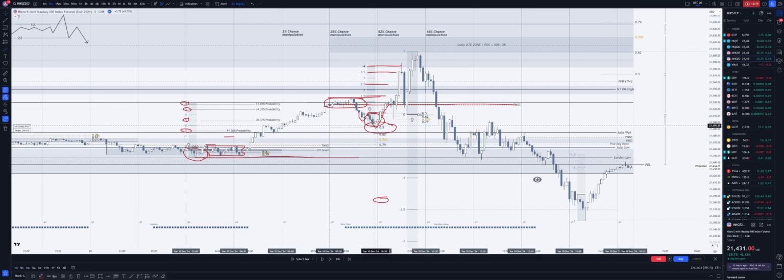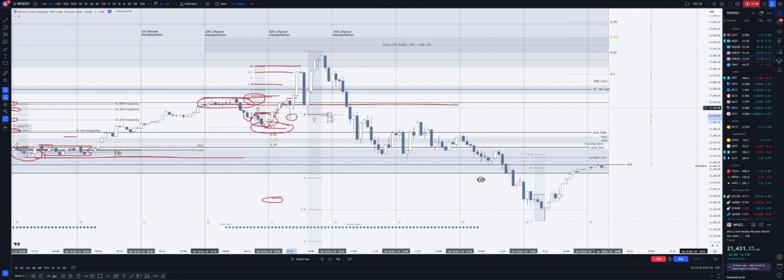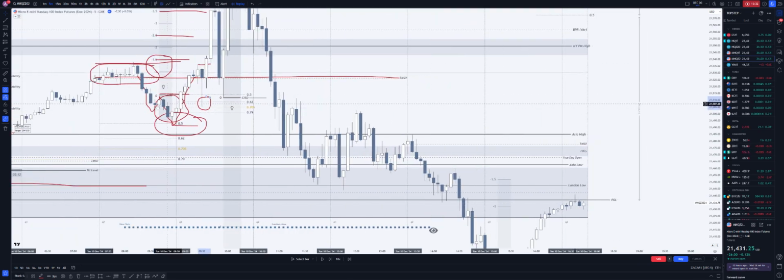So from this low to this high, we're in that 1 to 1.5 reaccumulation phase, and we come back to our OTE. We look for arrays within that area if looking for longs.